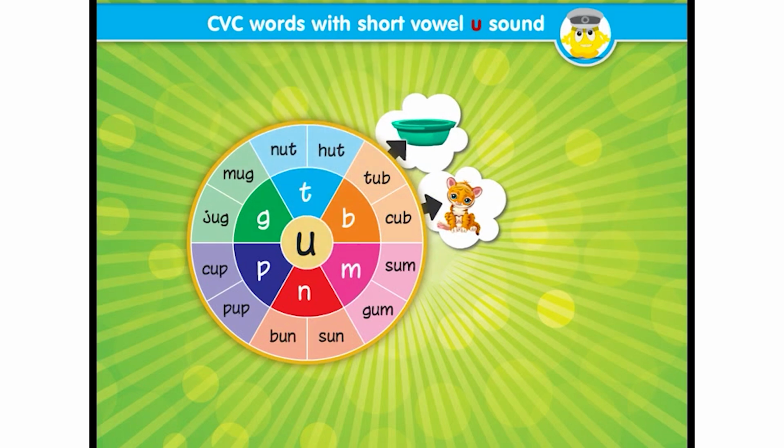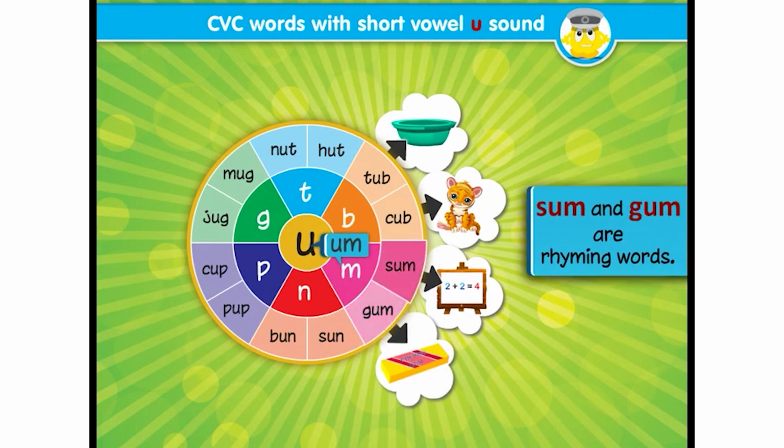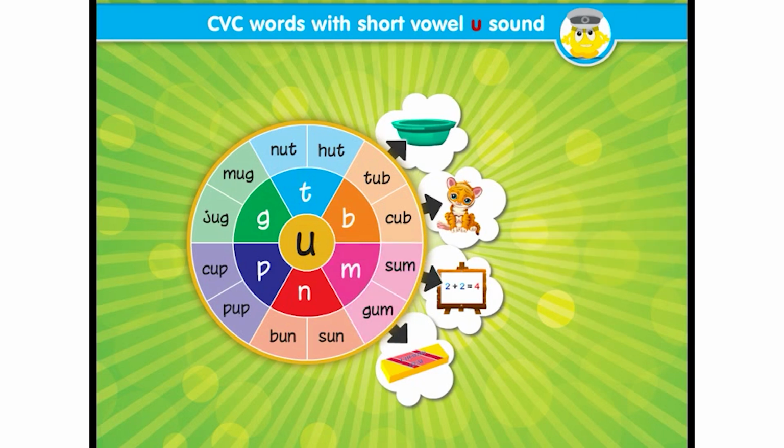U and M makes um, as in some and gum. Some and gum are rhyming words. U and N makes un, as in bun and sun.